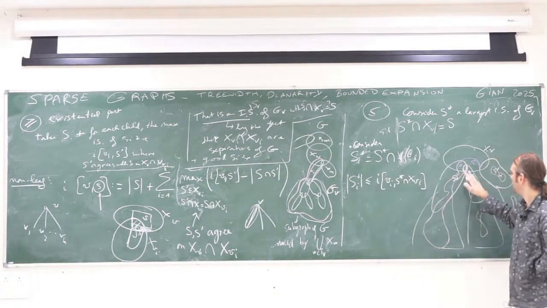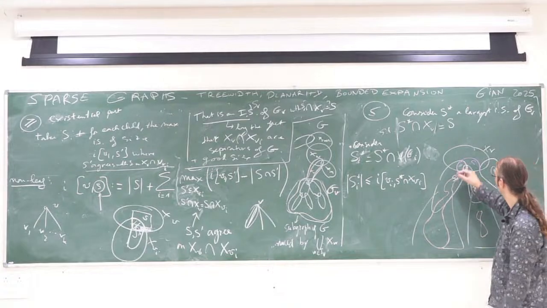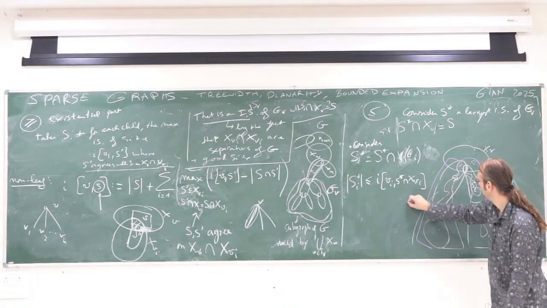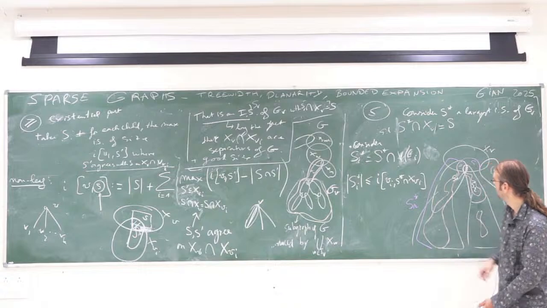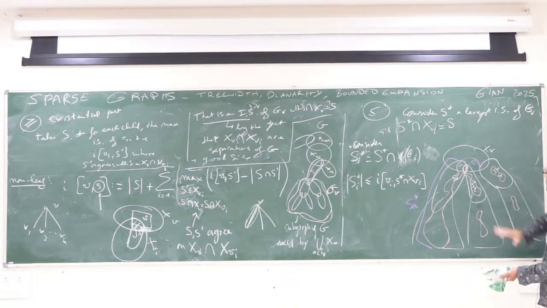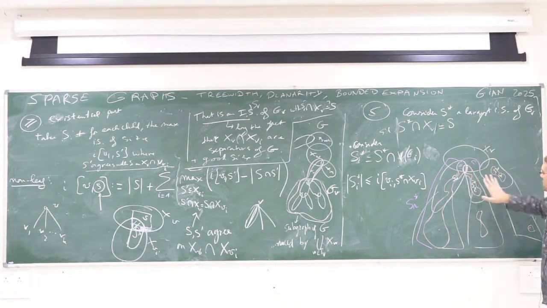So I take S_i star, this thing, S_1 star. I'm just essentially cutting out the other parts. I look at them individually.